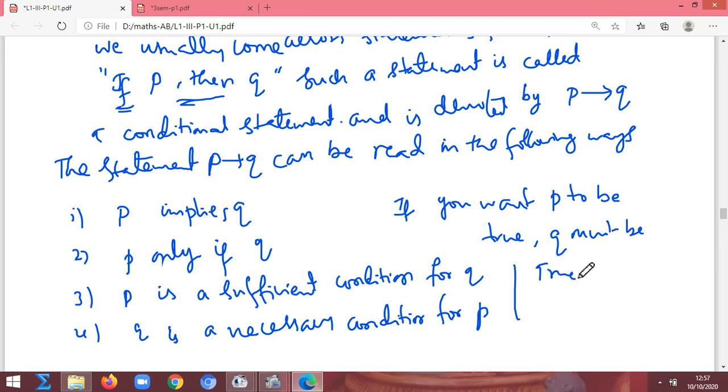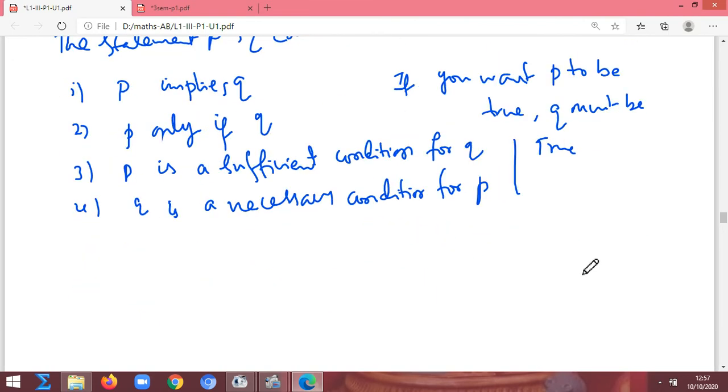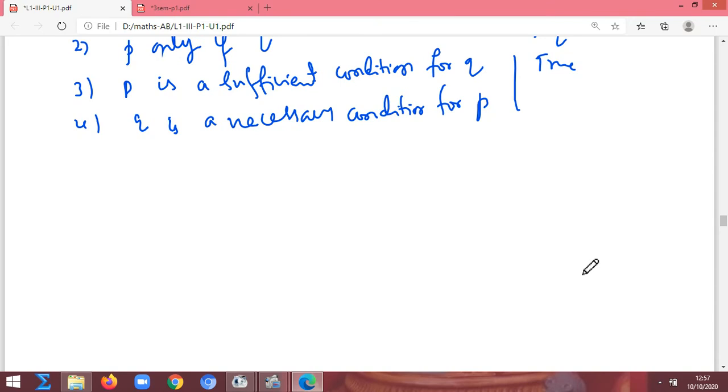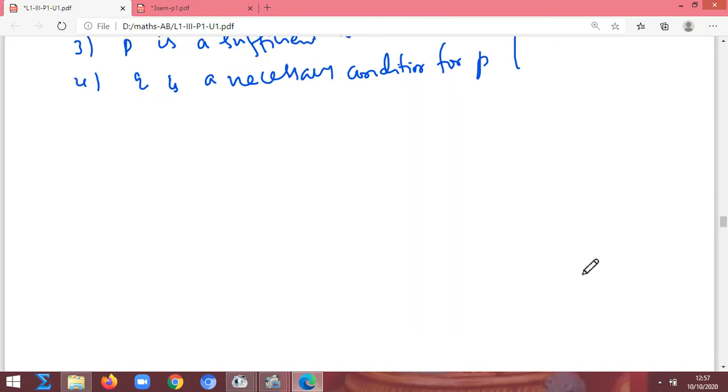That is, if p is true, then p implies q is true. We will see that when we come to the truth table of a conditional, that is implication. Now let us see a few examples of how this conditional works.